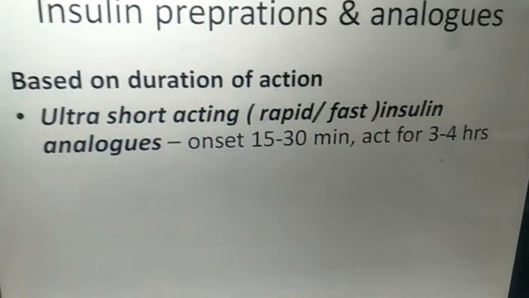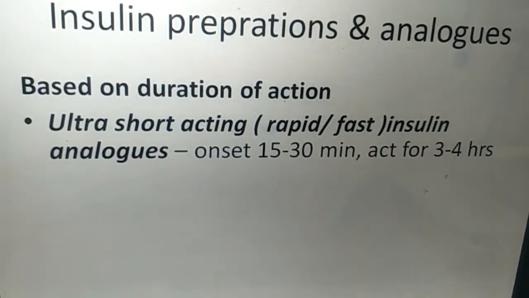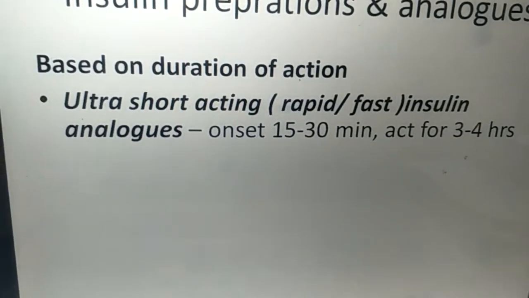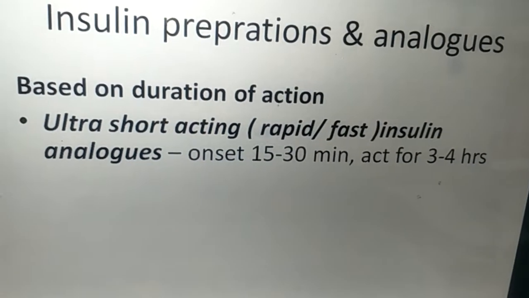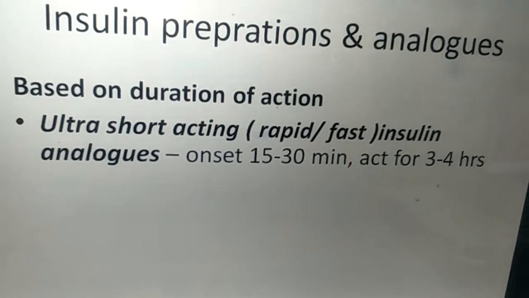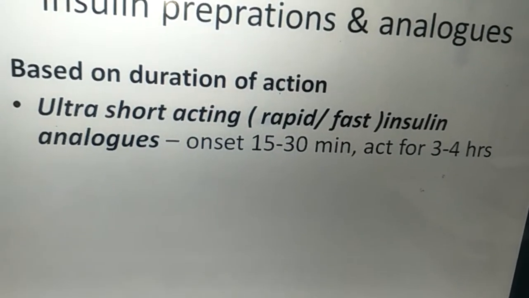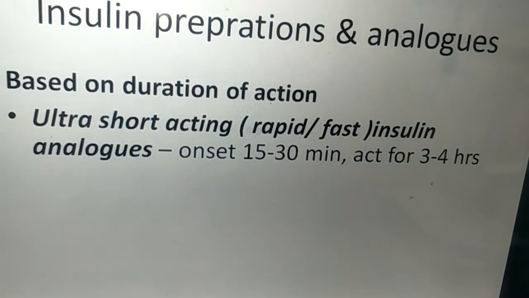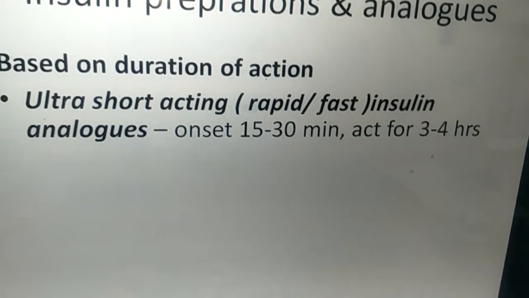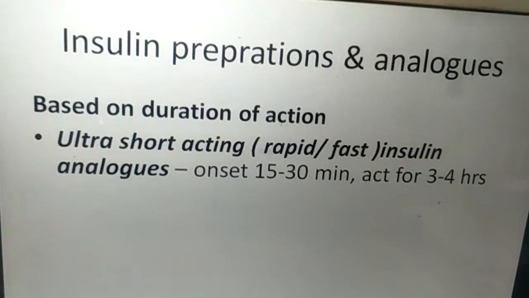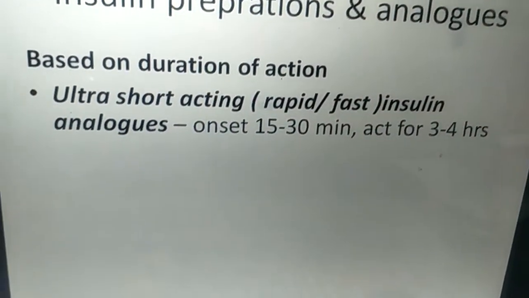How do we see insulin preparations based on the duration of action? We have 4 types of preparations of insulin or its analogs. They are ultra short acting, short acting, intermediate acting, and long acting. Simple. So, four types of insulin preparations based on their duration.